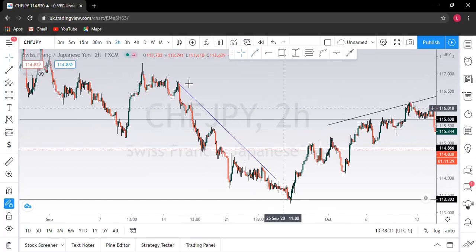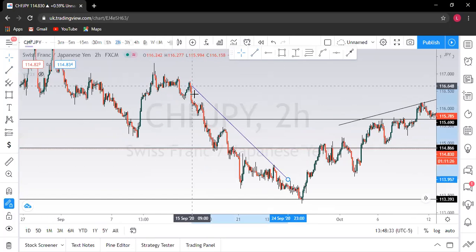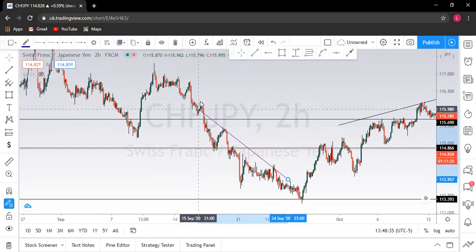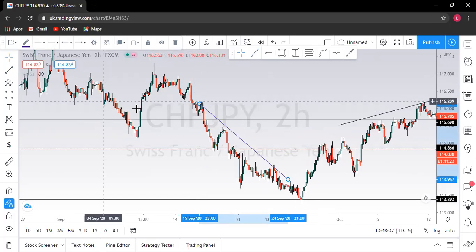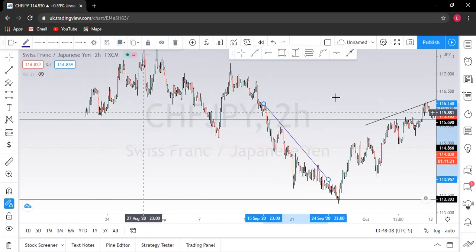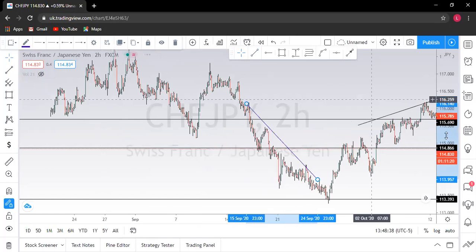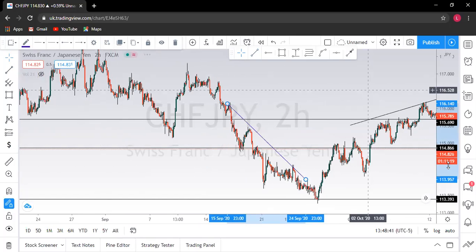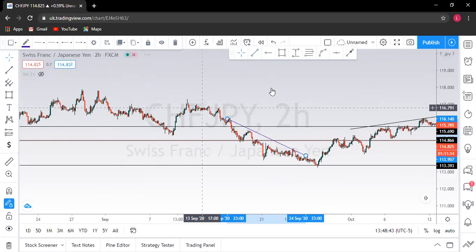There is no specific way with which you can draw your trend lines. You just have to make sure that you are joining things together. That is how to go about the trend line.